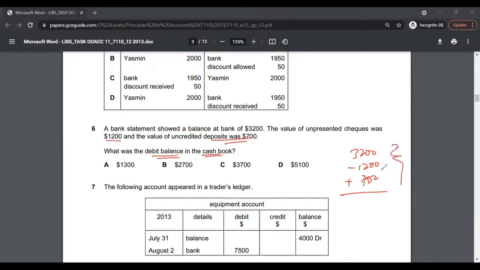That's how you will calculate the debit cash balance. We start with the bank balance, deduct the unpresented checks, and then add the uncredited deposits, right? So 3,200 minus 1,200 is 2,000, 2,000 plus 700 is 2,700. So the answer to multiple choice 6 is option B.